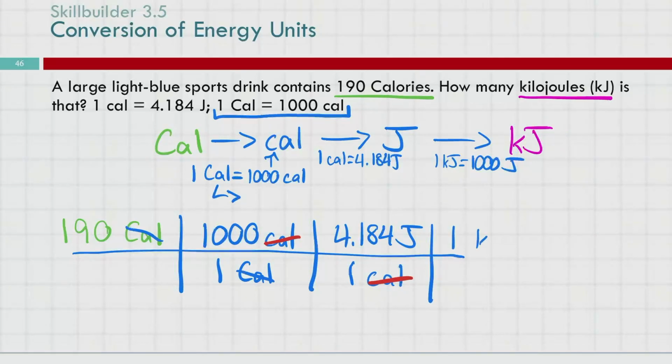We're putting the kilojoules on top and the 1,000 joules on the bottom so that joules cancel. And we're left with kilojoules. Any questions about the solution map or the setup for the calculation?